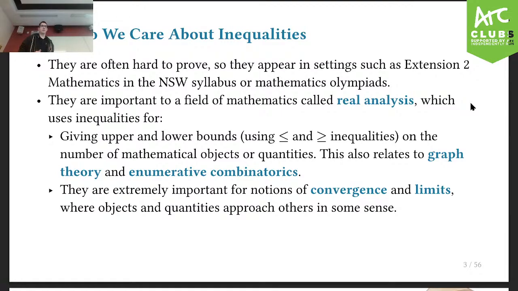But also it's very fundamental to an area of pure math called real analysis, because it's fundamental to a notion of convergence and limits. We'll explore in a second some nice inequalities, triangle inequality, Hölder's inequality, and so forth, that have uses in proving convergence and limits.